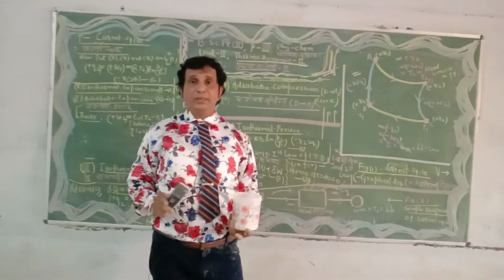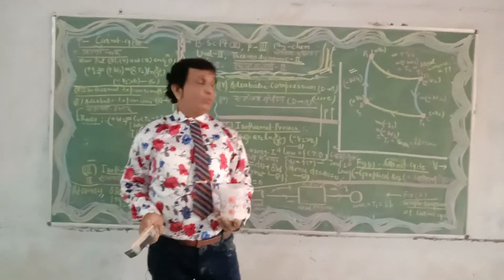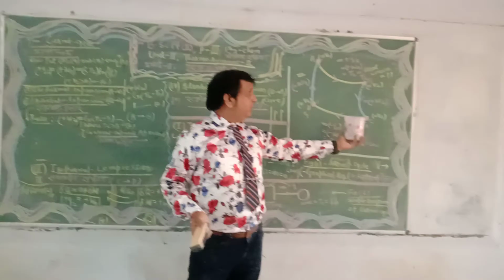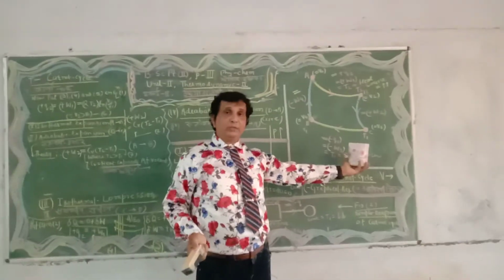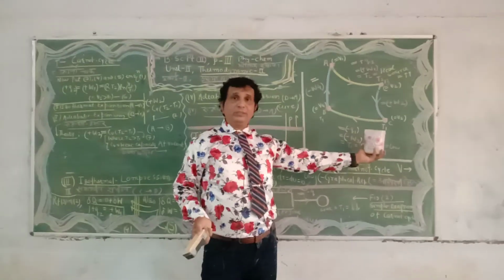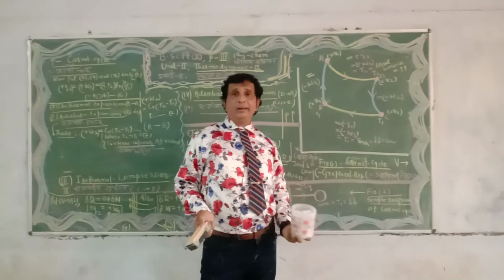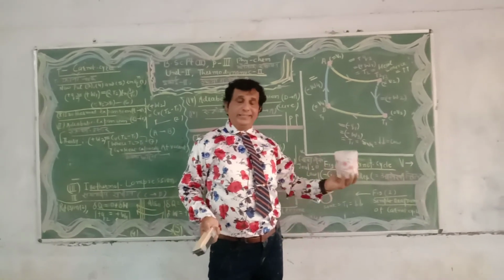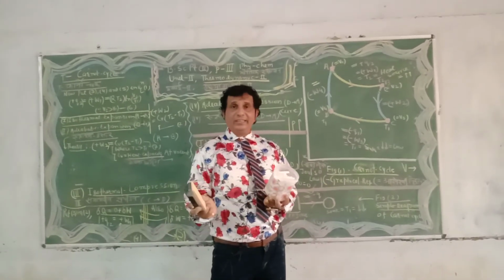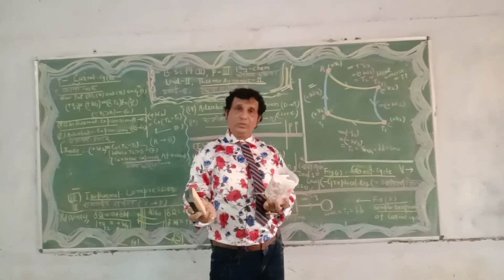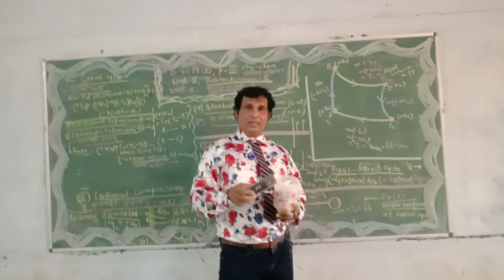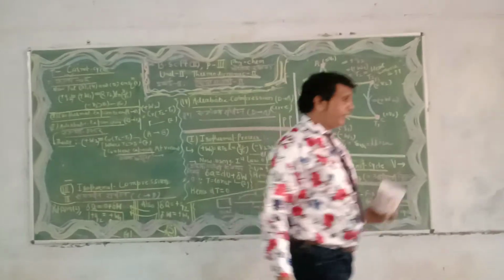Dear students, in order to understand the next process, B to C, which is adiabatic expansion: in this step, we now disconnect the heat source. Now I produce an adiabatic atmosphere by demonstration.